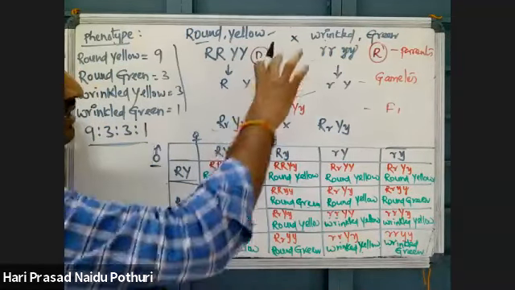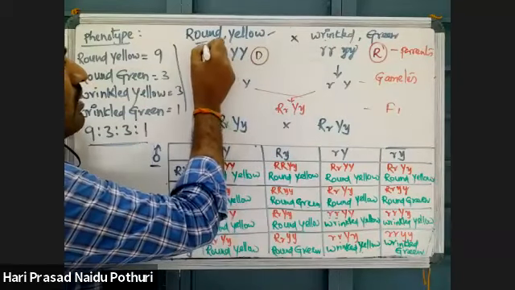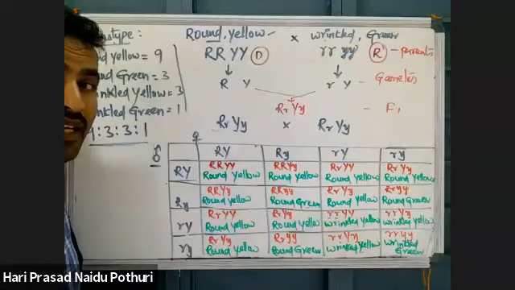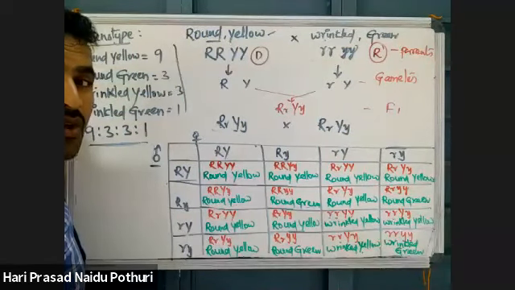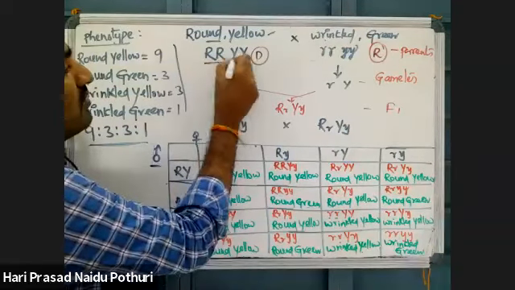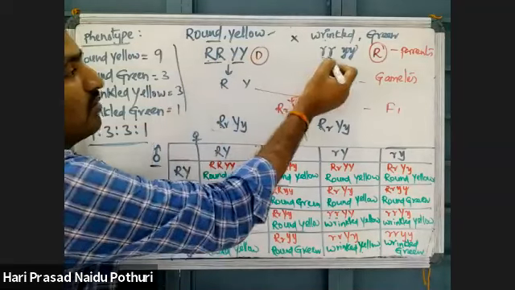Now, see this dihybrid cross. It is a true breeding pea plant. True breeding means homozygous for all characters, as I told you. This is homozygous, this is also homozygous. Homozygous means both are dominant or both are recessive.